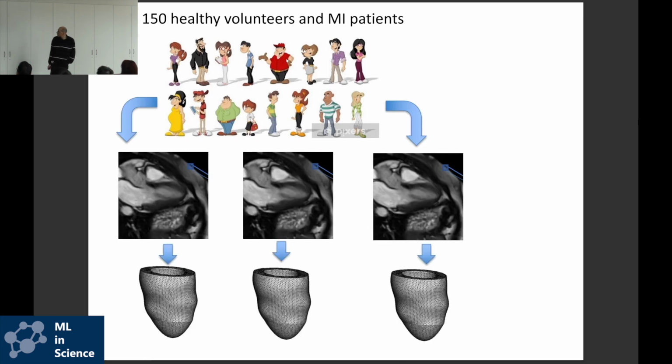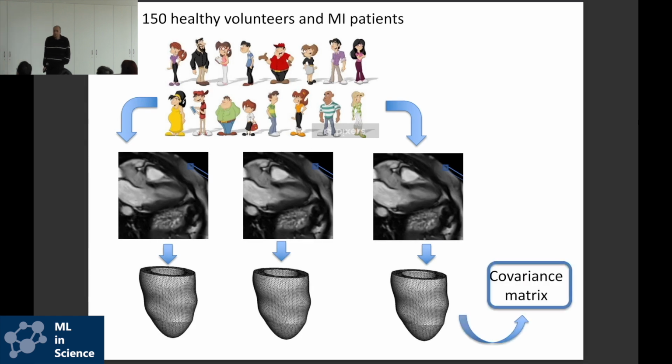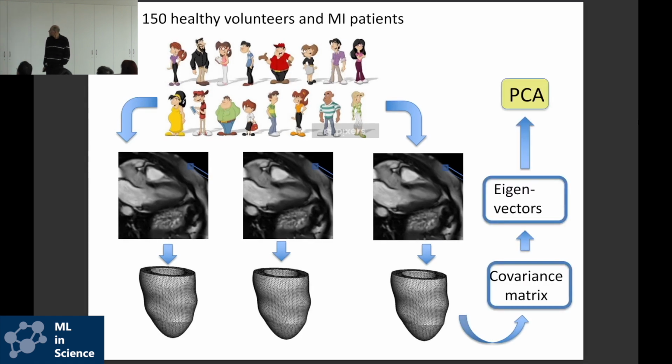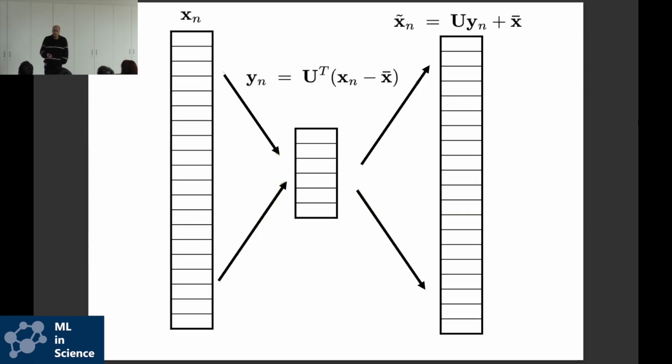We get the covariance matrix, get the leading eigenvectors, and then do PCA. So we are projecting now our representation of the left ventricle to a low-dimensional representation. We can build an emulator in this low-dimensional space, and we go back from this low-dimensional representation back to the original representation. U is the matrix composed of the leading eigenvectors, and then we do the inverse transform. That's what it looks like.